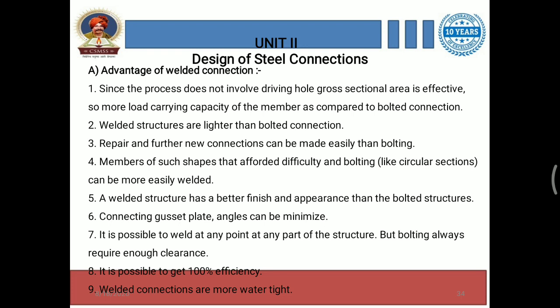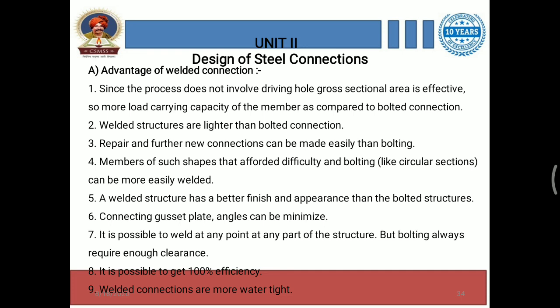Then we have to discuss the advantages and disadvantages of the welded connection. Just keep in mind, while we are discussing the advantages of welded connections, that these advantages are over bolted or riveted connections, especially over bolted connections.